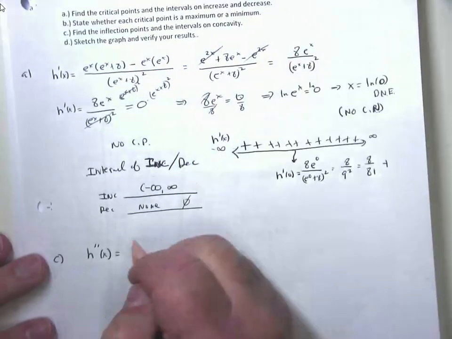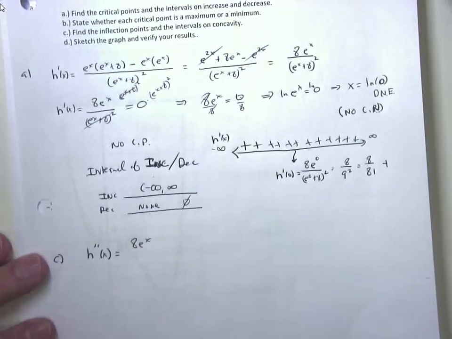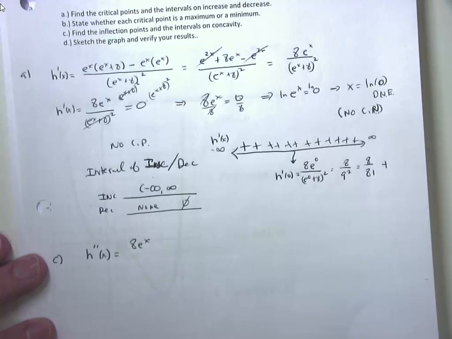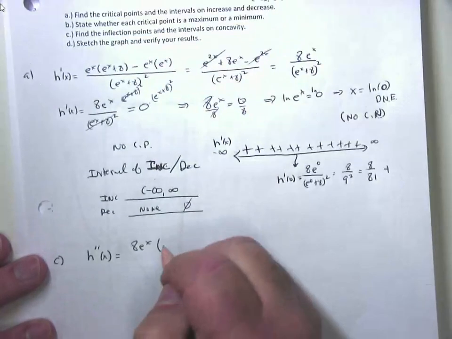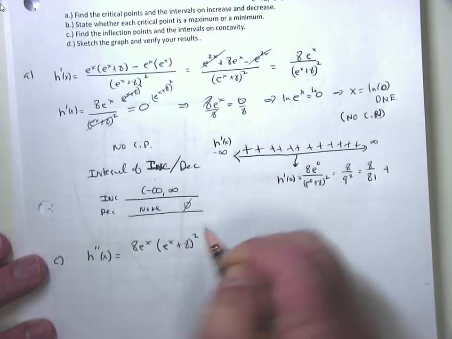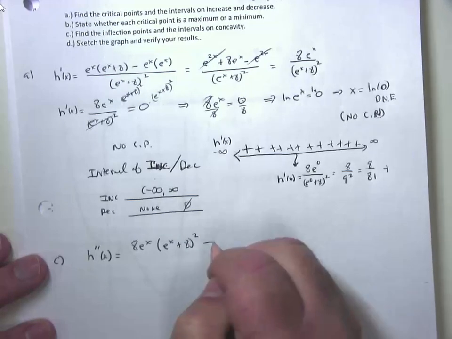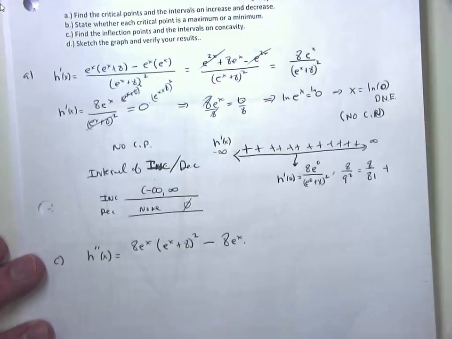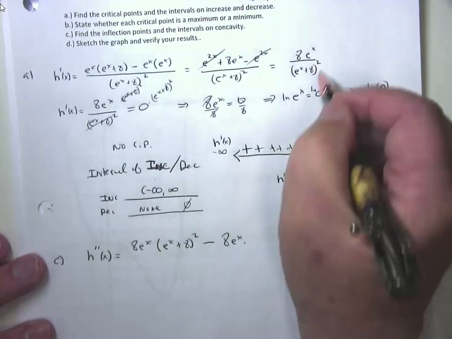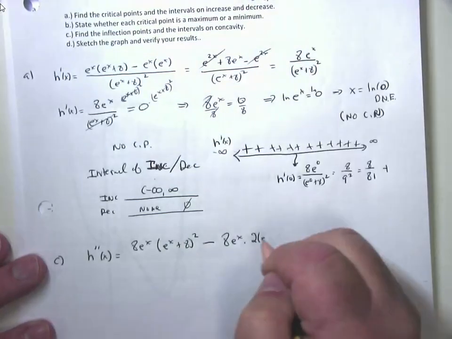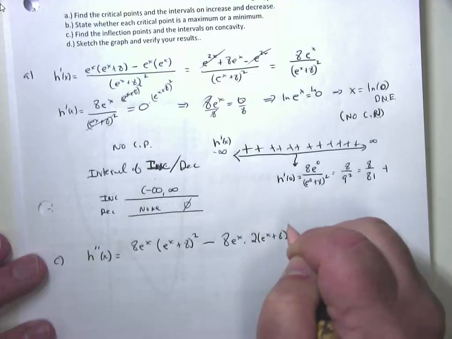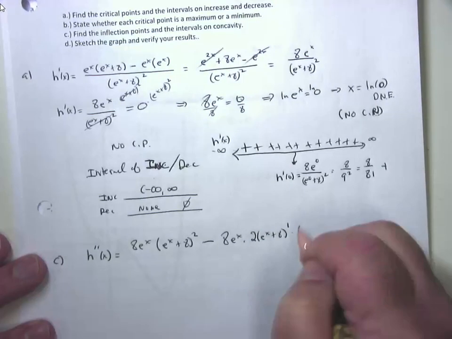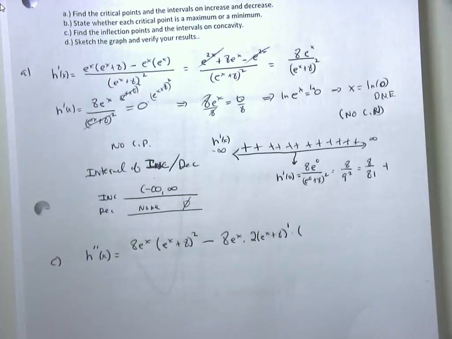Derivative of the top. Derivative of 8e to the x is 8e to the x. Derivative of e to the x is e to the x. Derivative of the top times the bottom, e to the x plus 8 squared, quotient rule, minus the top, 8e to the x, times derivative of the bottom. Take derivative of the bottom, I got to use the chain rule. Derivative of the outside, the inside, e to the x plus 8 stays the same, raised to the first power, times the derivative of the inside.